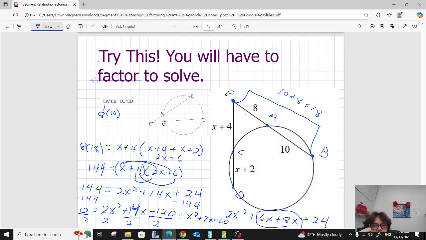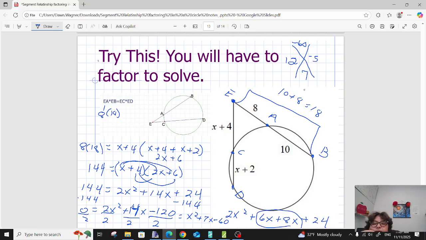Now I have to factor this. And this you would use the big X, right? You get negative 60 up here. You have 7. So two numbers that multiply together get negative 60, but when you add them, get 7. So your 12 would be the positive, and your 5 would be the negative, right?